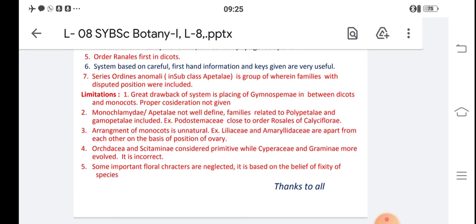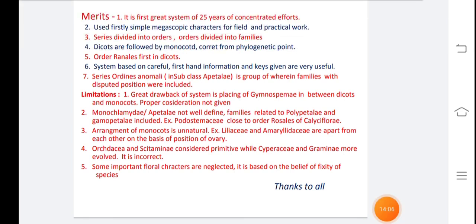It is based on the belief of the fixity of species. So remember these characters, minimum 1 or 2 merits and demerits. So this is our today's lecture. In the next lecture we will see the third system of classification. Okay, so thanks to all.